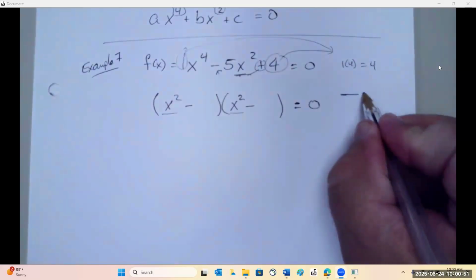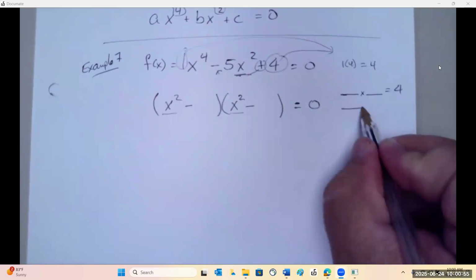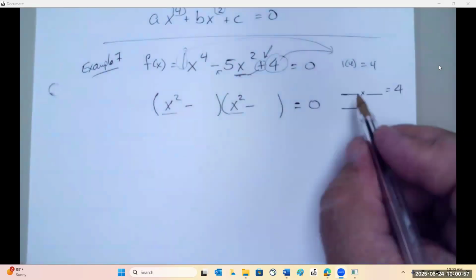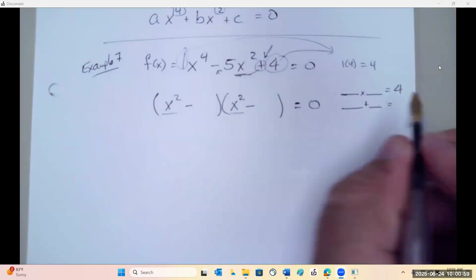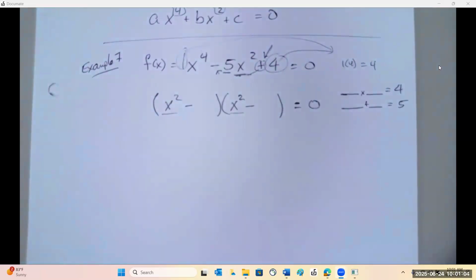So now we've got to figure out what times what equals 4, because that's a plus. When I add them, I have to come up with a 5.